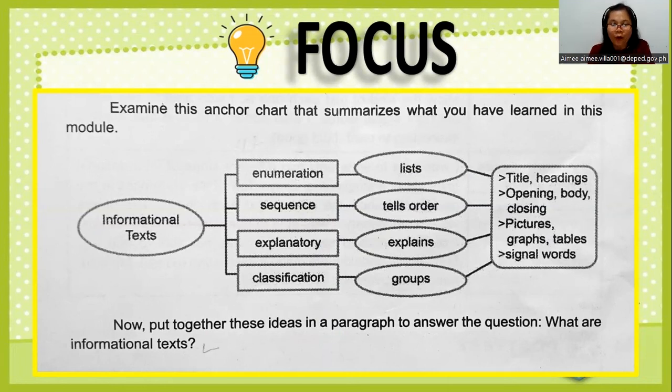Sequence tells order. Explanatory explains. And classification groups. I hope all of you have fully understood our lesson. Now, put together these ideas in a paragraph to answer the question: what are informational texts? I hope everything is clear in your mind.